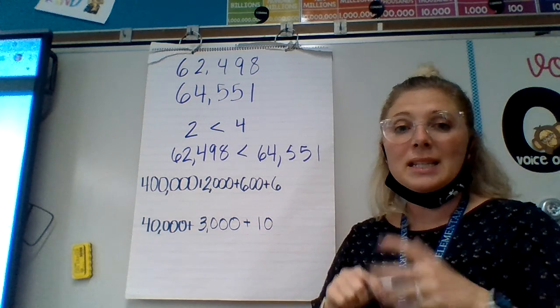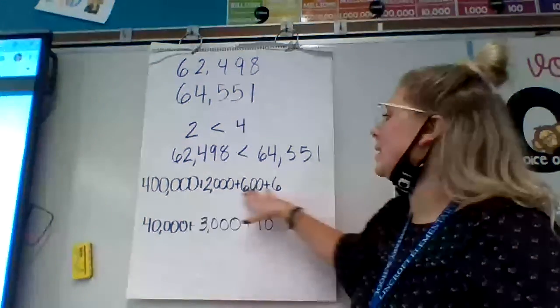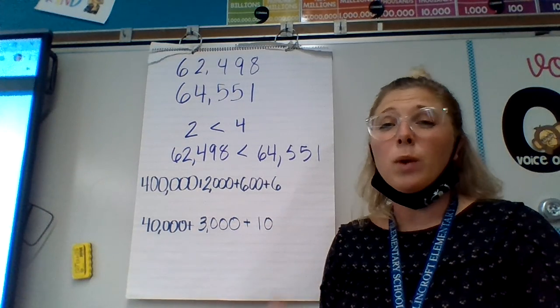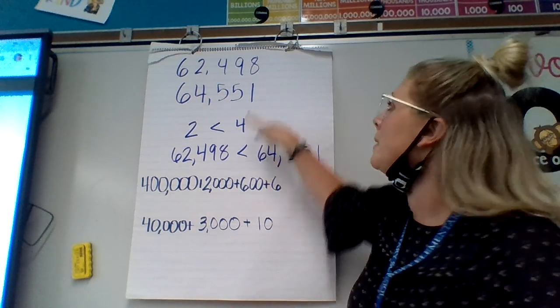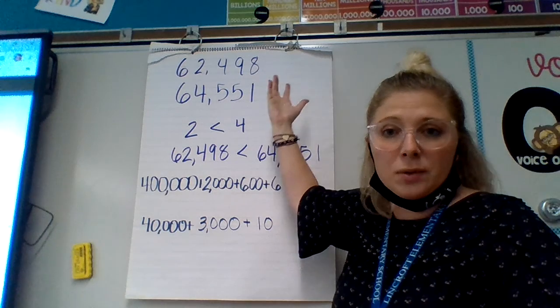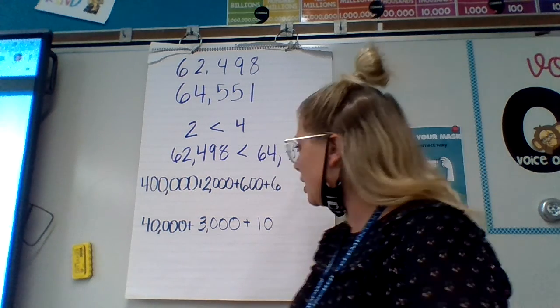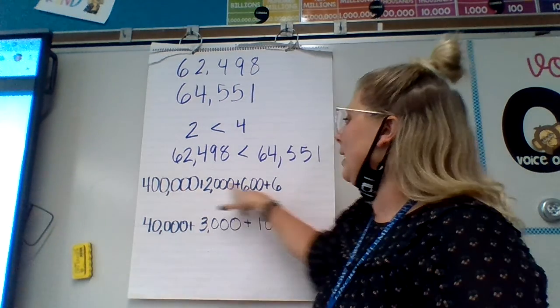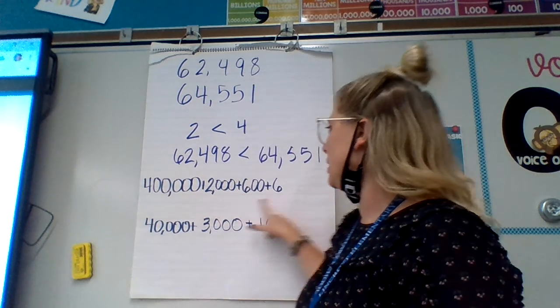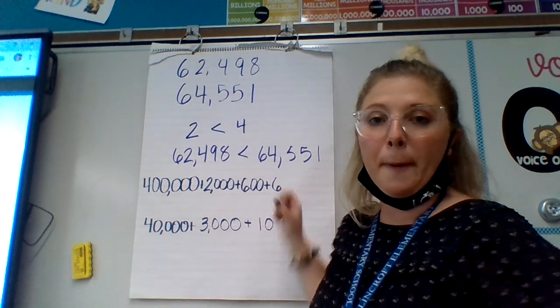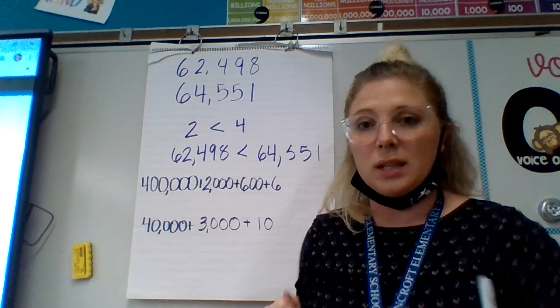Now, when we see it like this, in expanded form, we want to put it back into standard form, our normal way of saying and writing our numbers. Looking at this number first, we're going to put this expanded form number back into standard form.